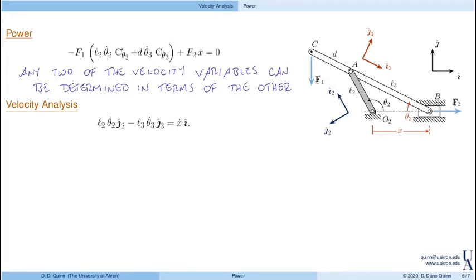So I could solve for theta 2 dot, theta 3 dot in terms of x dot. I could solve for x dot, theta 2 dot in terms of theta 3 dot, whatever I want to do.